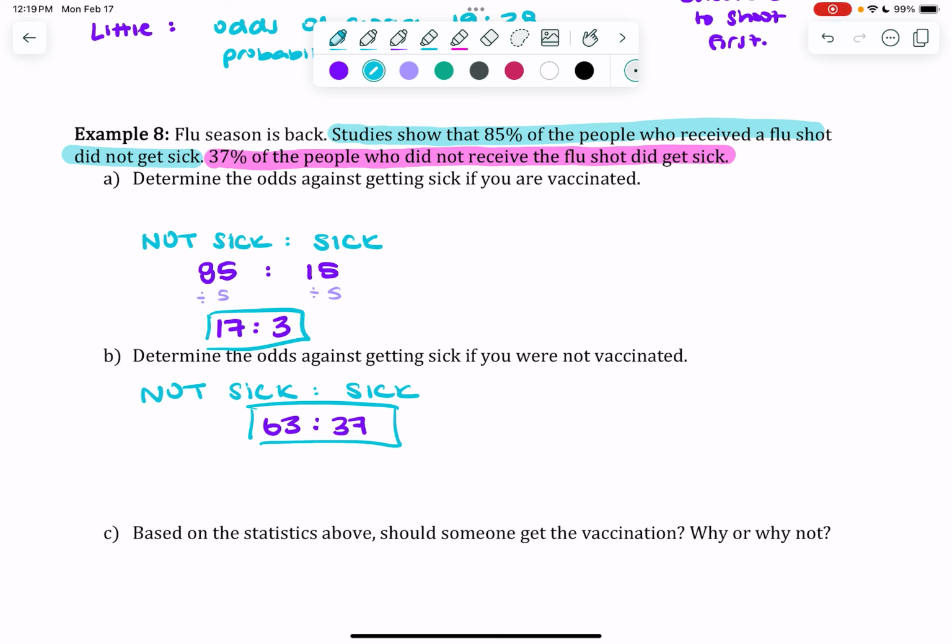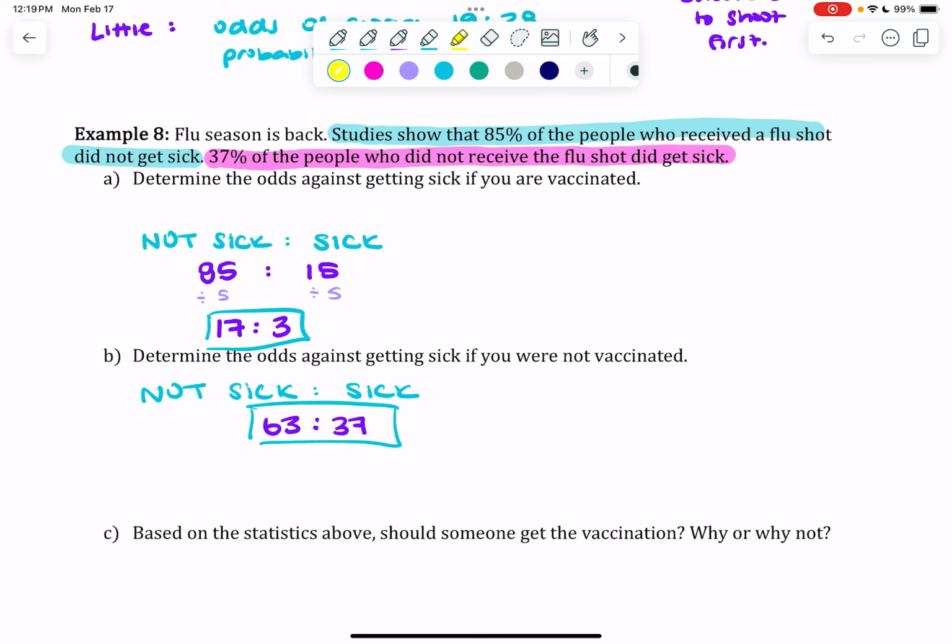Now, when I take a look at these odds, both of these odds represent information in the same order. And based on the statistics, should someone get the vaccination, why or why not? And this is against your opinions. This is against your own personal beliefs. We're only basing this decision on the statistics provided in this question.